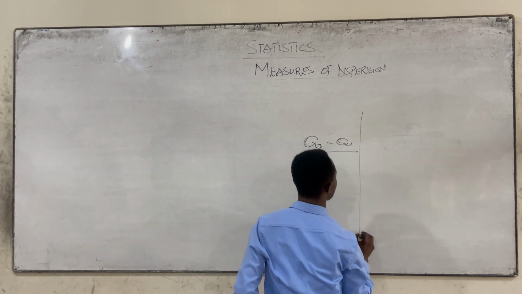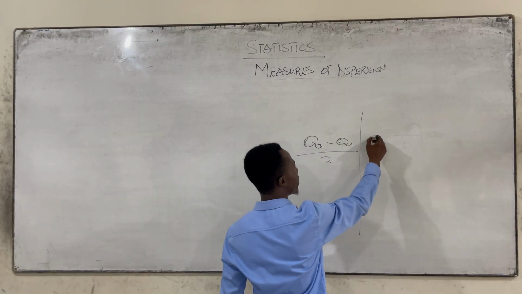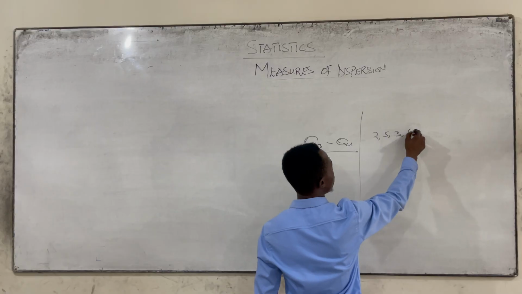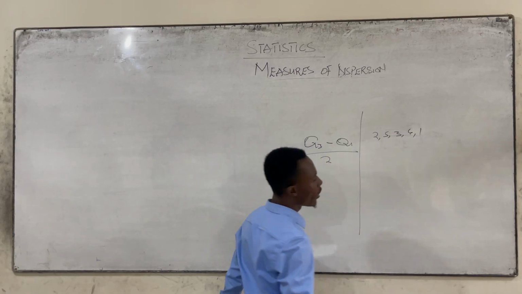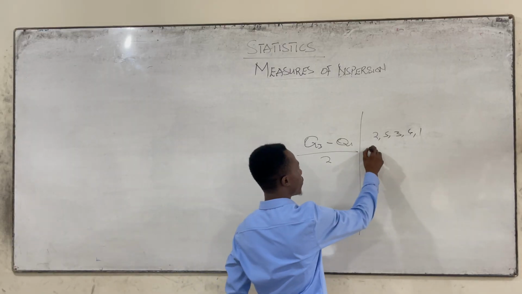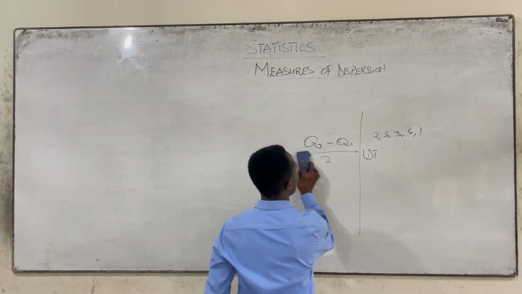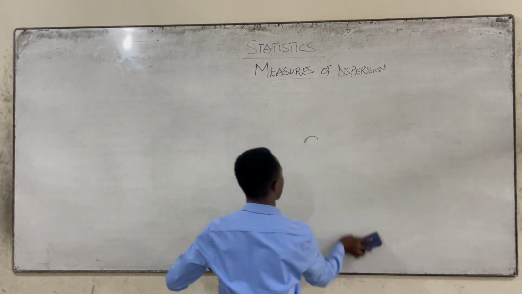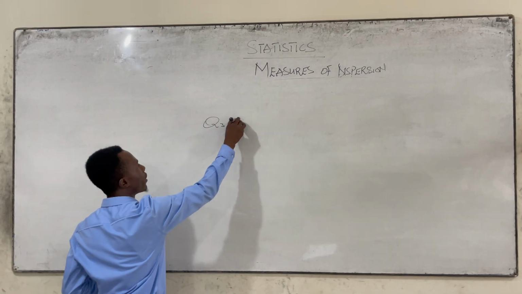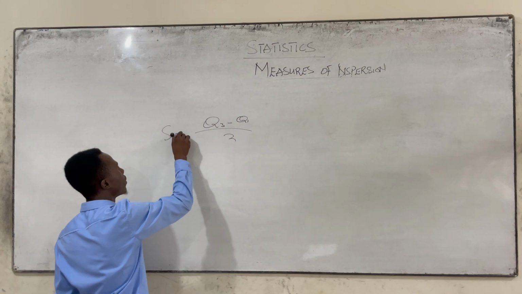If you have a data set and you are asked to calculate the interquartile range, it is Q3 minus Q1, then you divide it by 2 to get semi.